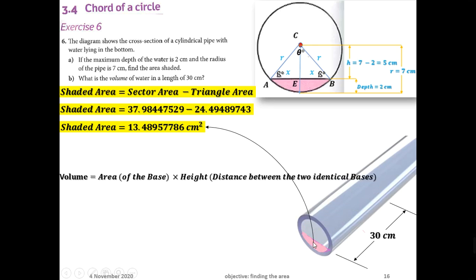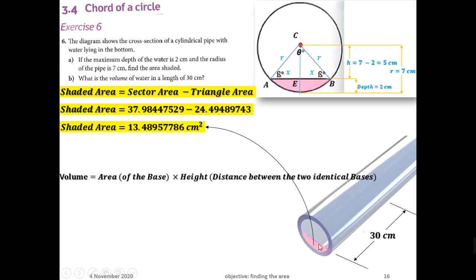The base is this one. This is my base, okay? Because how do I know the cross section? If you go to the end of the 30 centimeter, you can have a typical shape to this one. So this is my base.